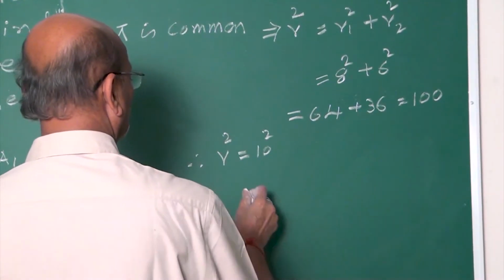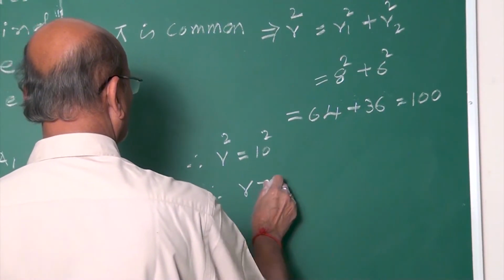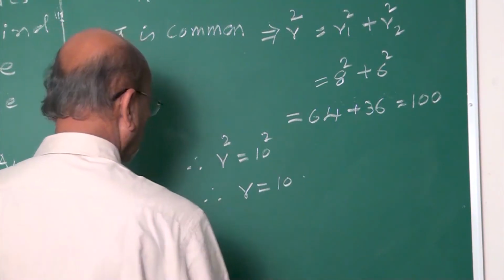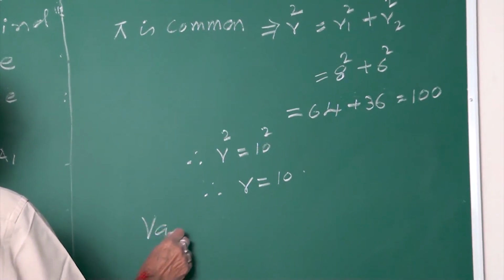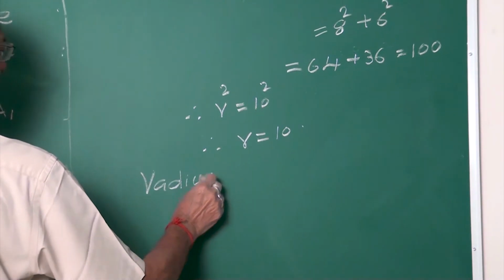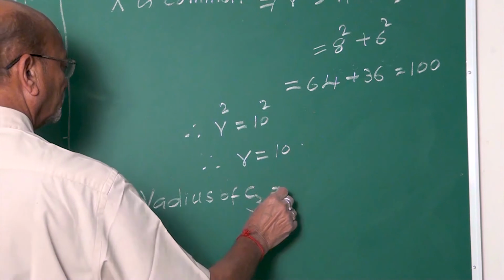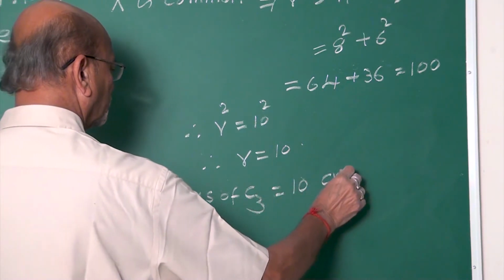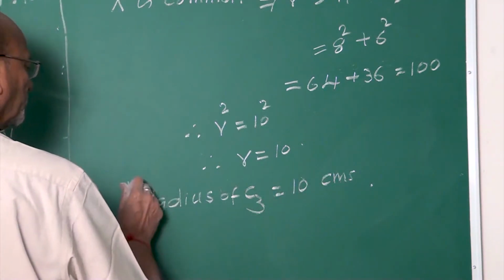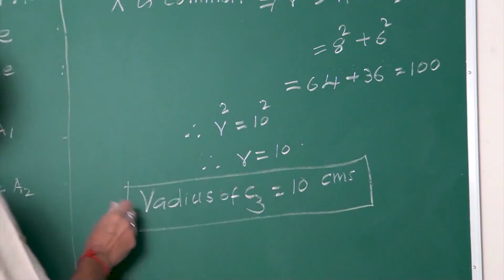Therefore, what is the value of R, my friend? 10. Therefore, the radius of the required circle, the radius of the third circle C3, is 10 centimeters. 10 centimeters, my friends. This is the radius.